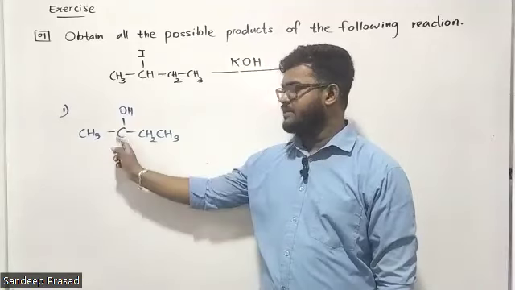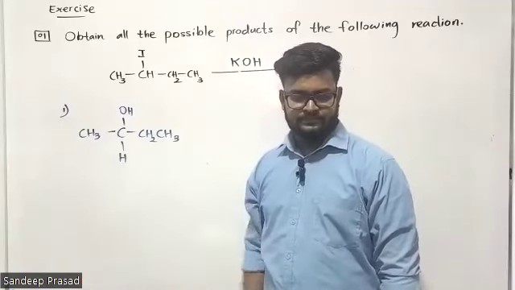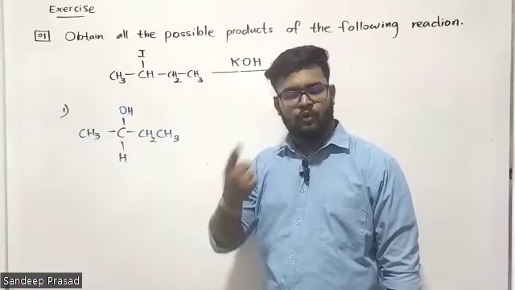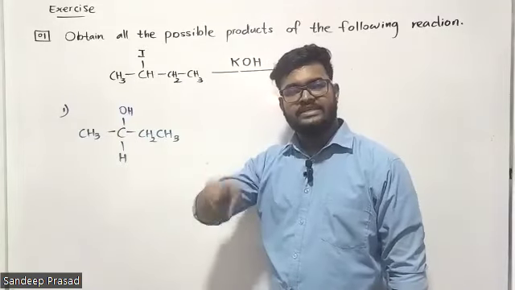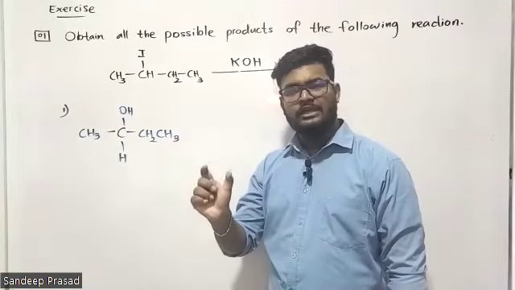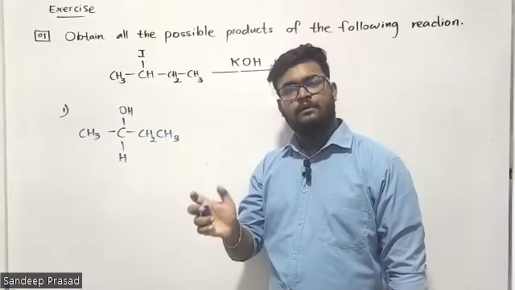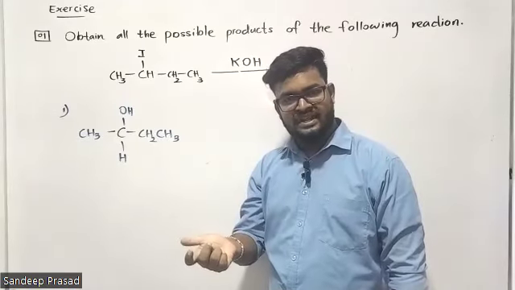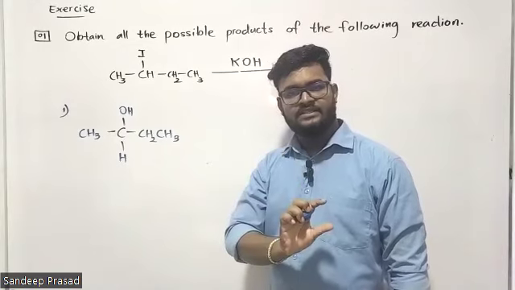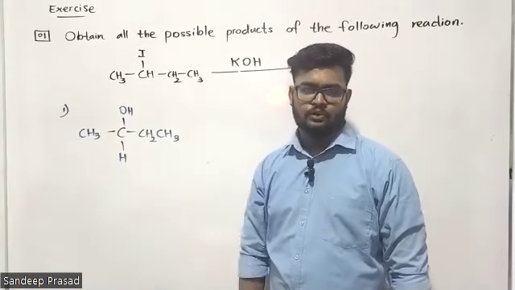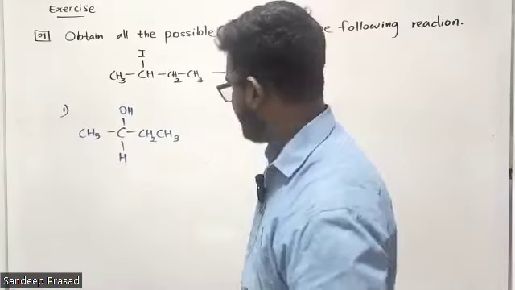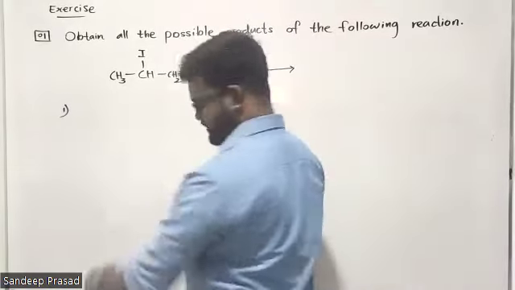Chiral, yes, chiral carbon atom, chiral center. If it is a chiral carbon atom, there are two isomers, D and L. One molecule is rotating plane polarized light in the clockwise direction, and the other one is rotating it in the counterclockwise direction. So therefore, I can write down two products like this.